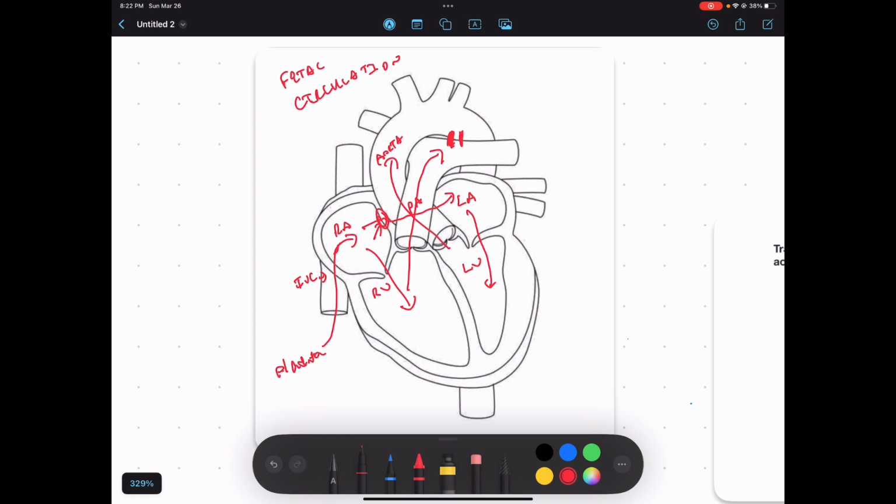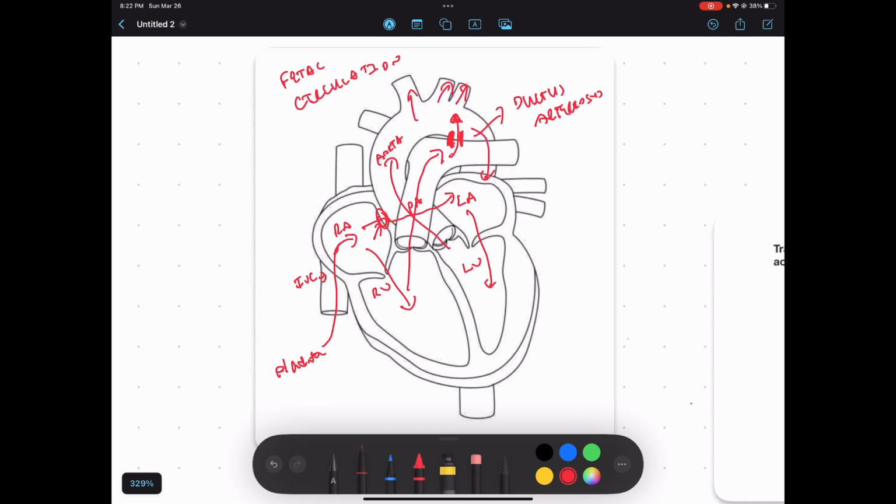And then because of that ductus arteriosus, I'll just label this, the oxygenated blood goes from the pulmonary artery into the aorta and then across into the rest of the body.